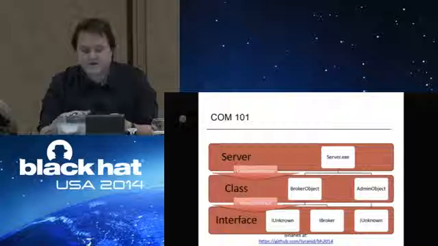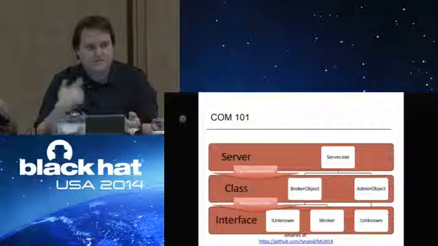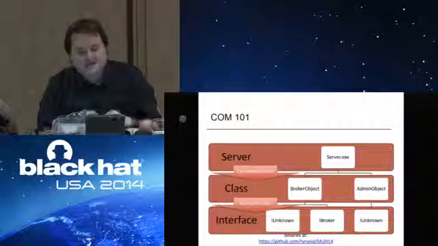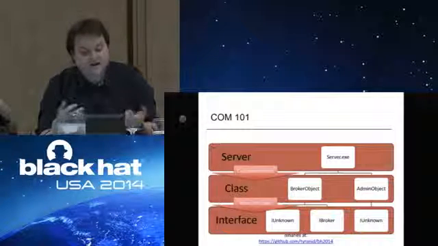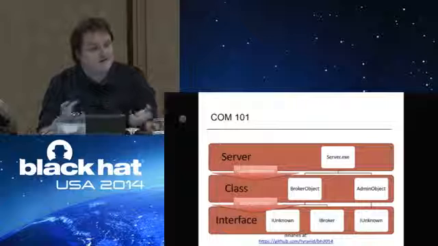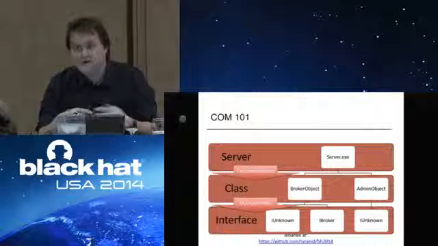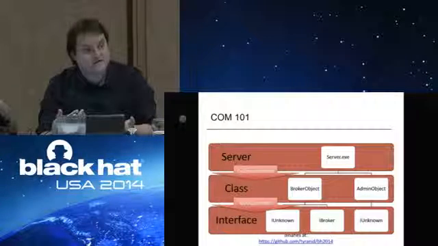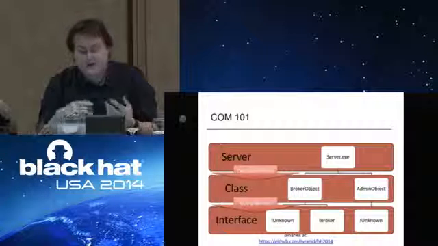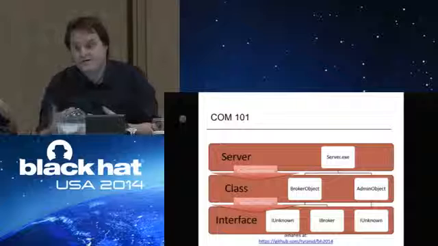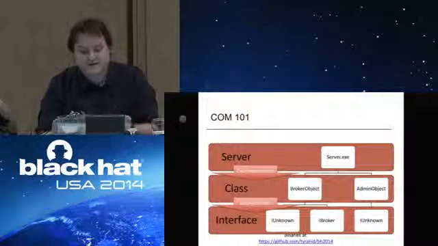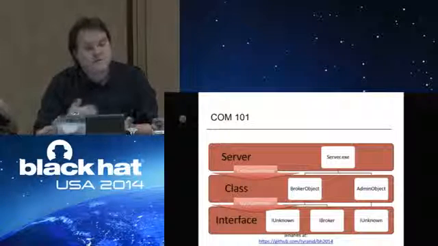That server is registered in the registry and says, I support this COM object. A server can have more than one COM object, so it can have multiple different classes, which are referred to using special unique identifiers. Then finally, each class can support multiple ways of looking at it with different functions, and these are called interfaces.